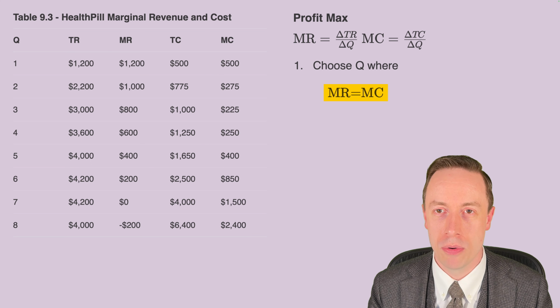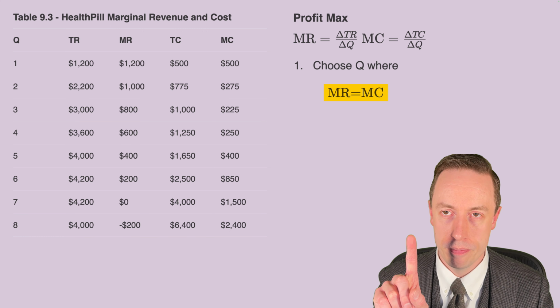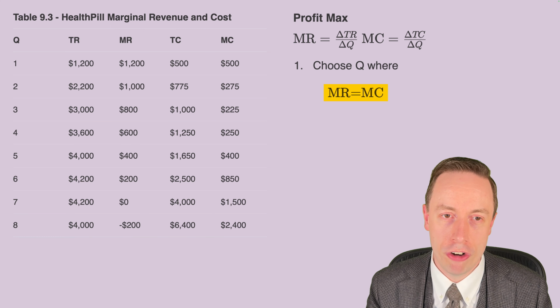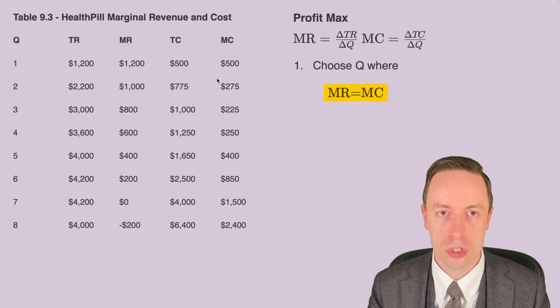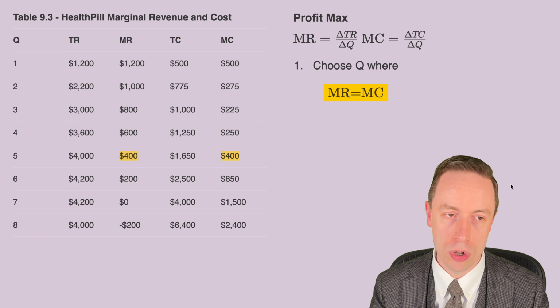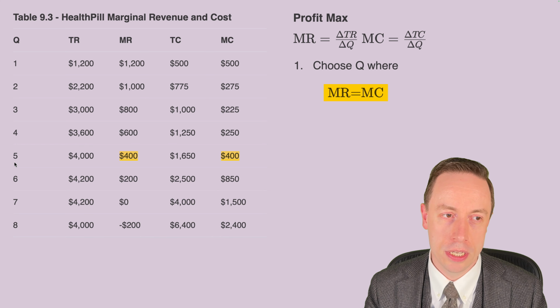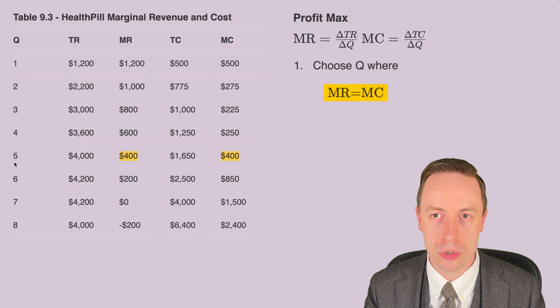So in order to maximize our profits, step number 1, we want to find where marginal revenue equals marginal cost. So 400, 400. Profit maximizing quantity occurs at, drumroll, 5 units is the level where marginal revenue equals marginal cost.